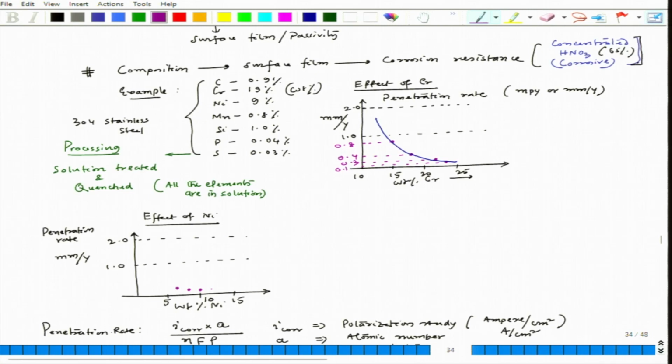So, like this it will vary. Okay. So, if we make a trend line, you will see the trend line is looking like this. Okay. So, there is not much variation in the corrosion rate starting from 7 to around 12% nickel. Okay. So, this is the effect of nickel.